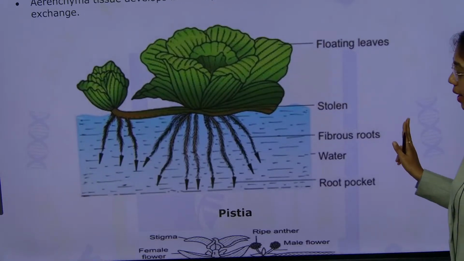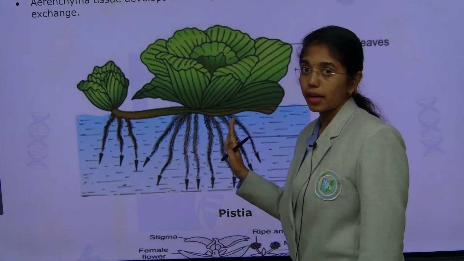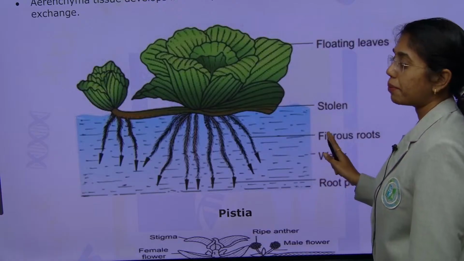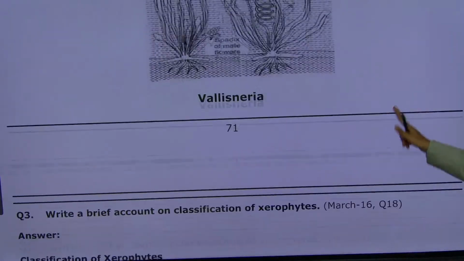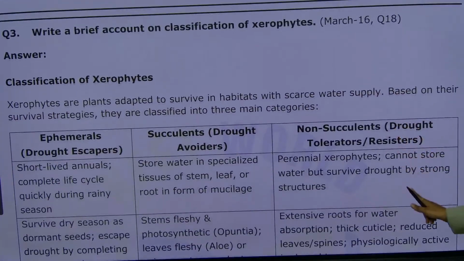You have to provide a standard diagrammatic view. Take Pistia as the example for the diagram, which will be useful. So this is about the morphological adaptations of hydrophytes.